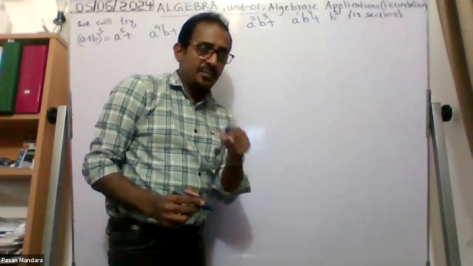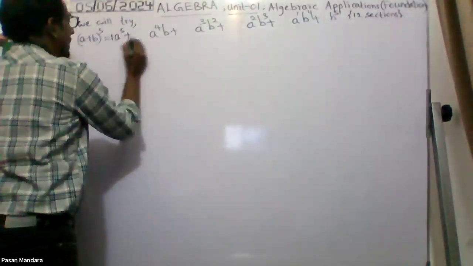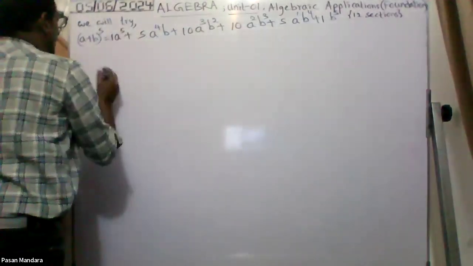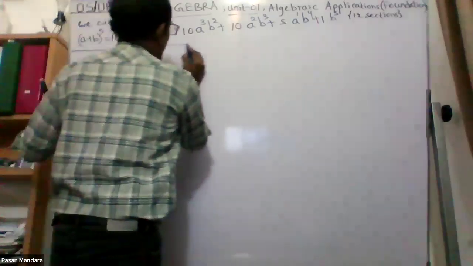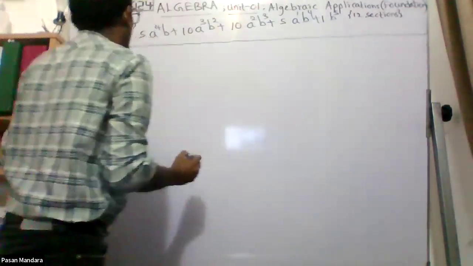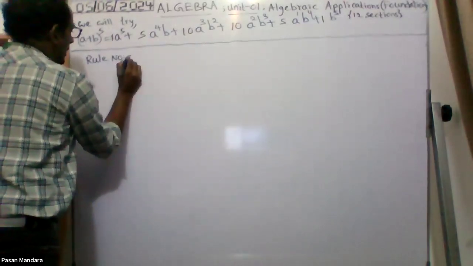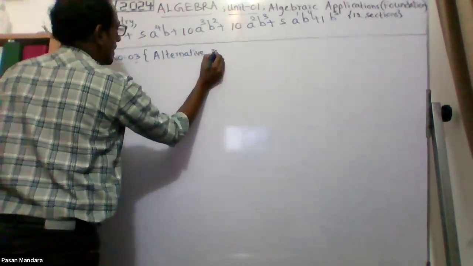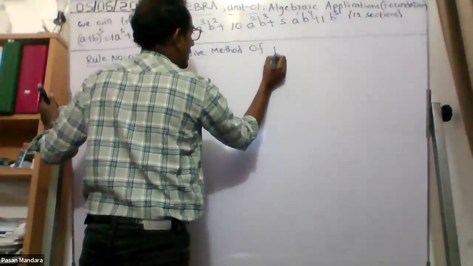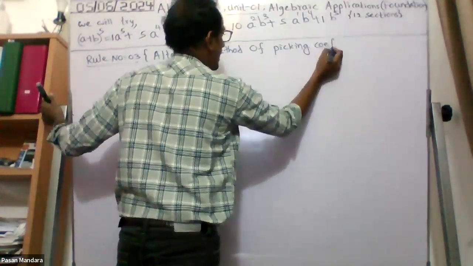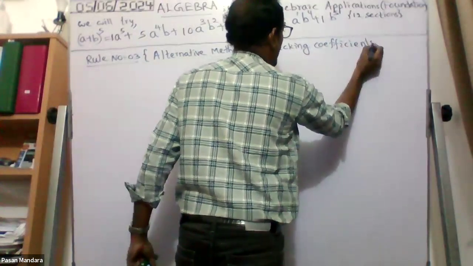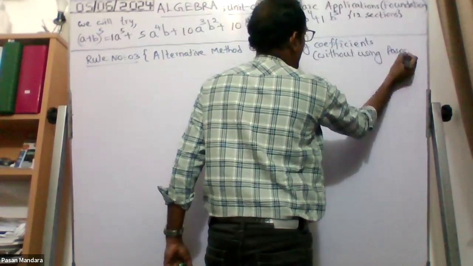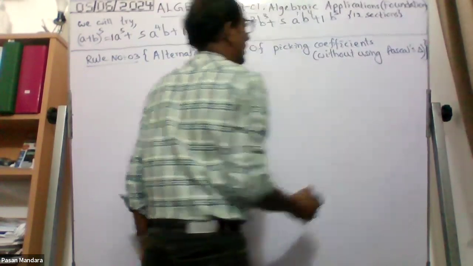Then refer to Pascal's sixth line and put in the coefficients. That is rule number 2.